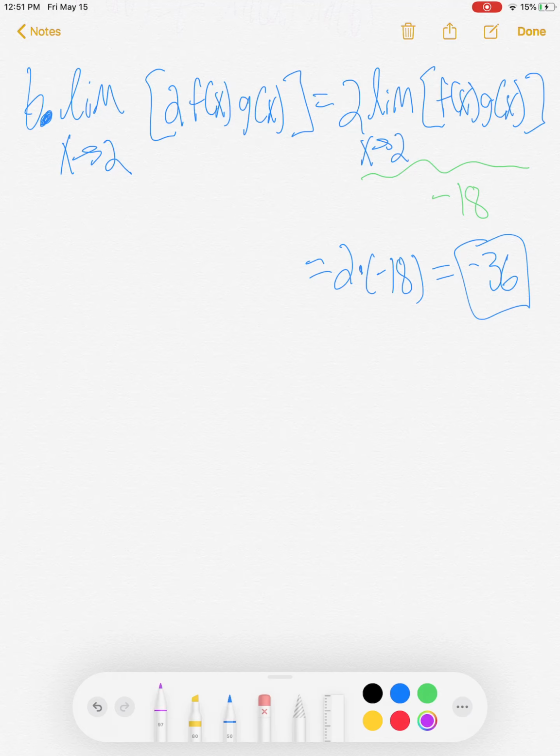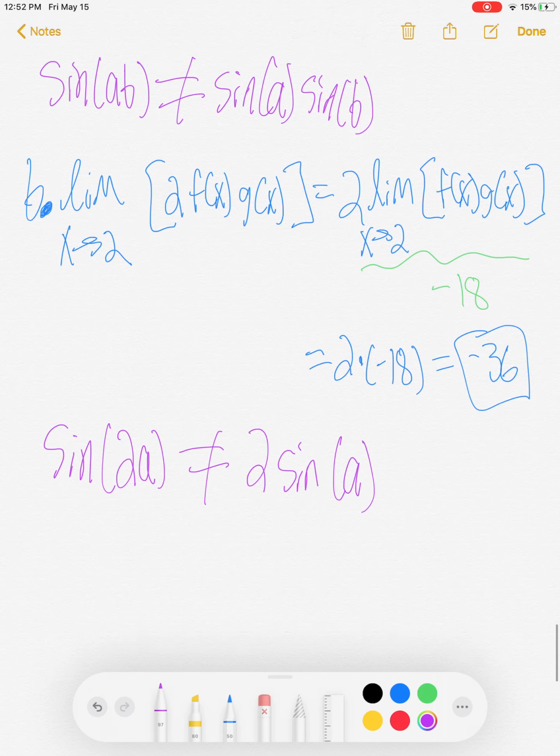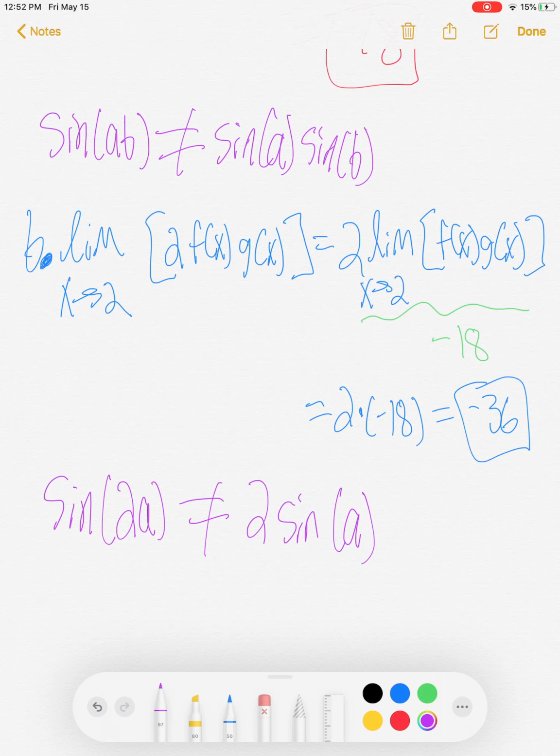Now let me again step aside and highlight that sine of 2a is not the same as 2 sine of a. Right? There are some special cases where this is true. For example, if a is equal to 0. And the same is true in the first part with this earlier example with sine. If a and b are both equal to 0, then sure, that does work out.